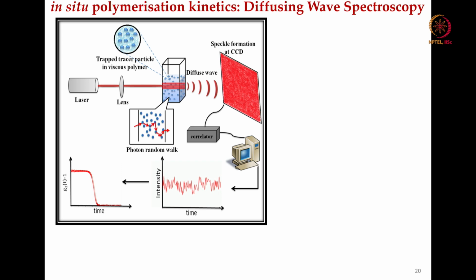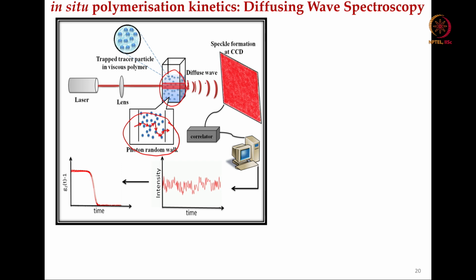A laser beam which passes through a lens is focused on a particular gel type viscous medium, a viscous polymer, which has tracer particles, and these tracer particles are specifically used in diffusing wave spectroscopy to trace the photon random walk, when this laser beam is incident on or interacts with this viscous liquid.